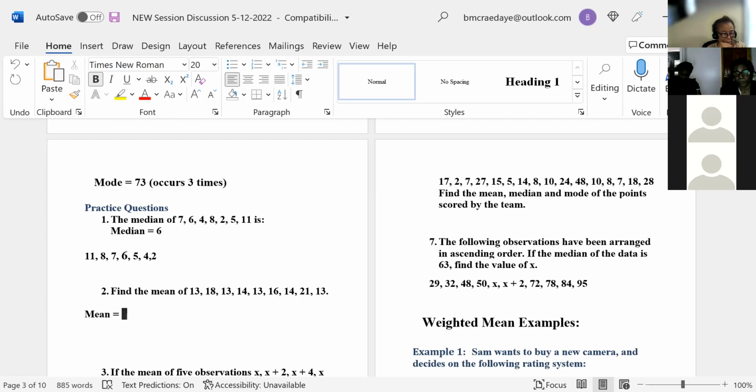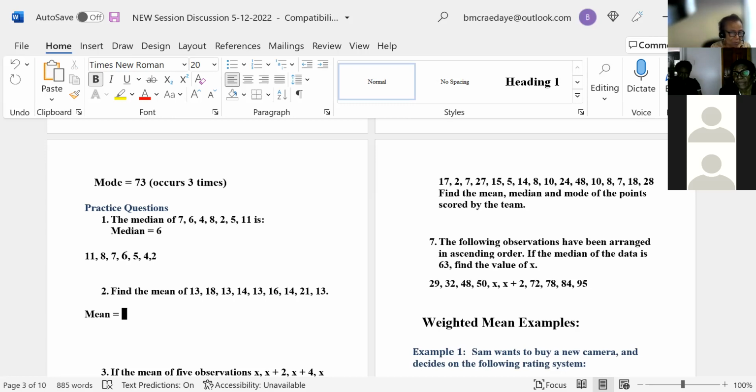Anybody got the mean? Mercedes, you have the mean? No, miss, I just started doing this. 16. Alba, you have the mean? No, Miss Barbara, I'm not doing that one. Michelle, what did you say? 16. What did you get for your total? Oh, you have to add up the total.